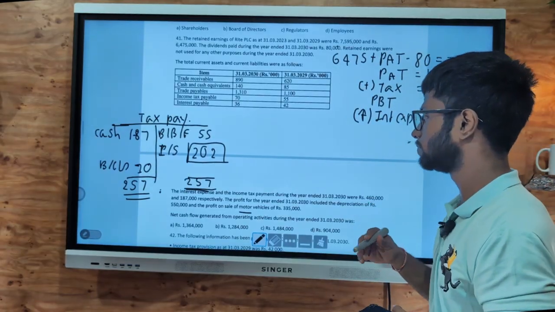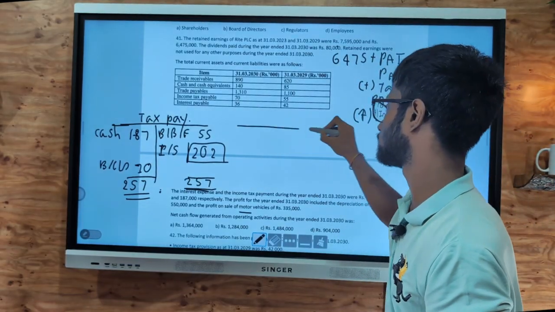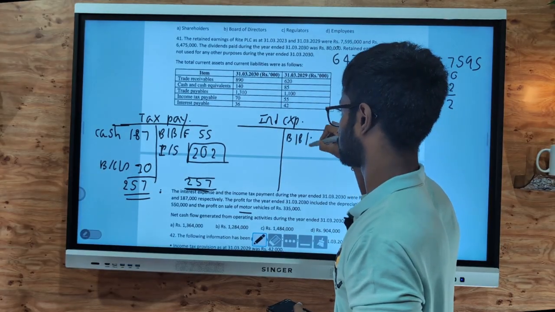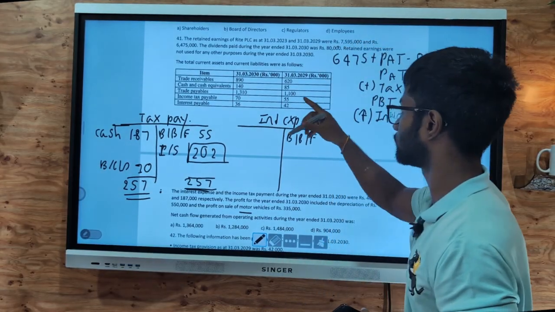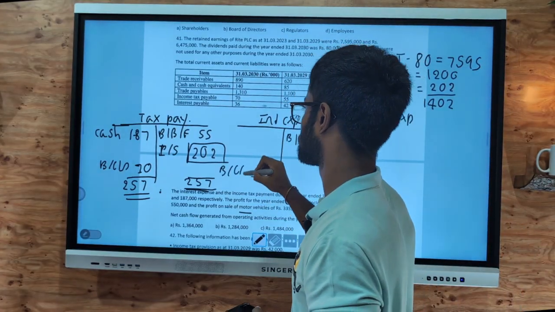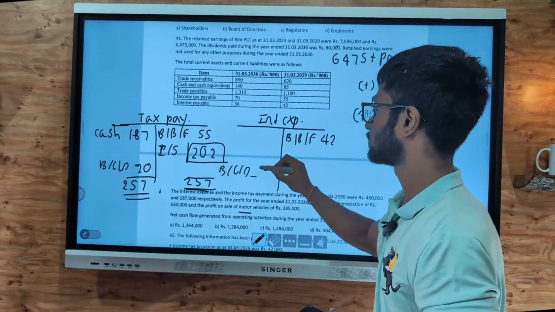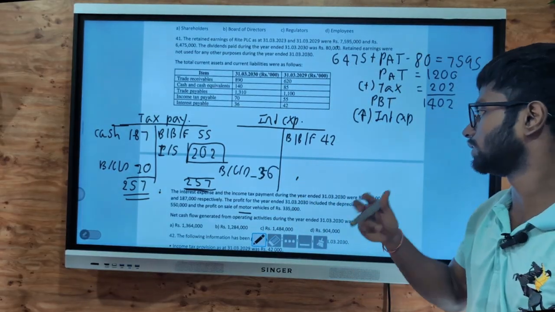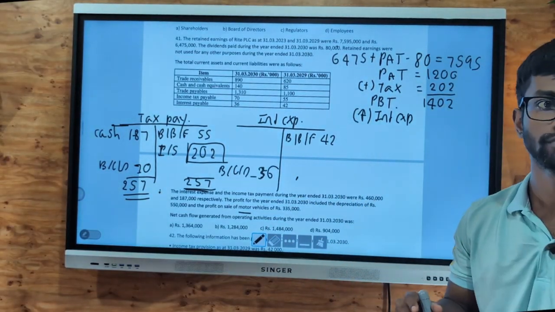Interest expense for the year, again you can make a T account and find that. Opening interest payable we have 42. Closing interest payable we have 36. And paid for the year is 460.